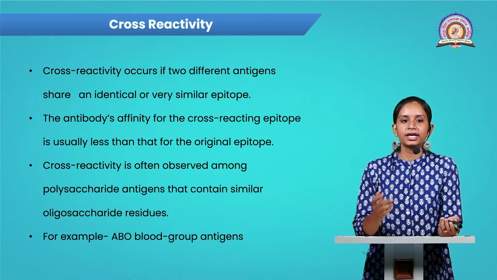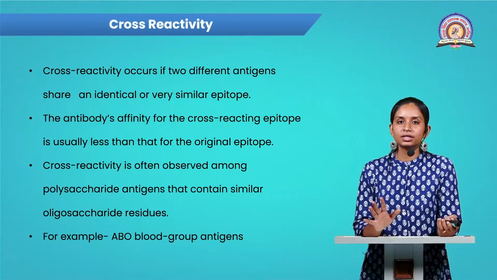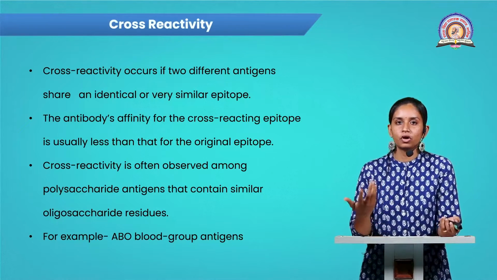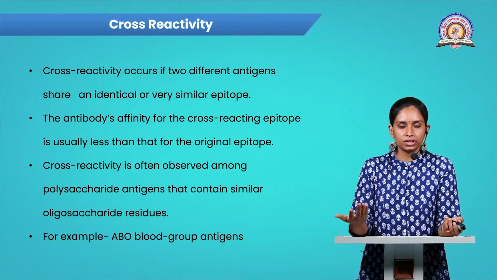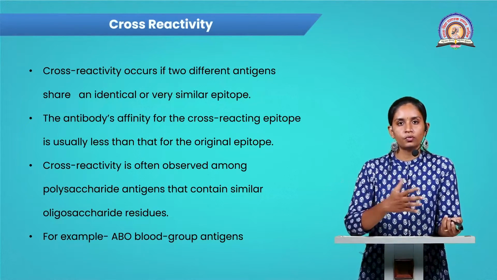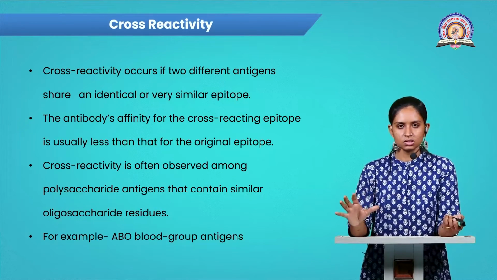Then cross reactivity is often observed among the polysaccharide antigens. Why? Because polysaccharides are formed by attachment of the monosaccharide units, like glucose, galactose, attached to each other to form longer structures.